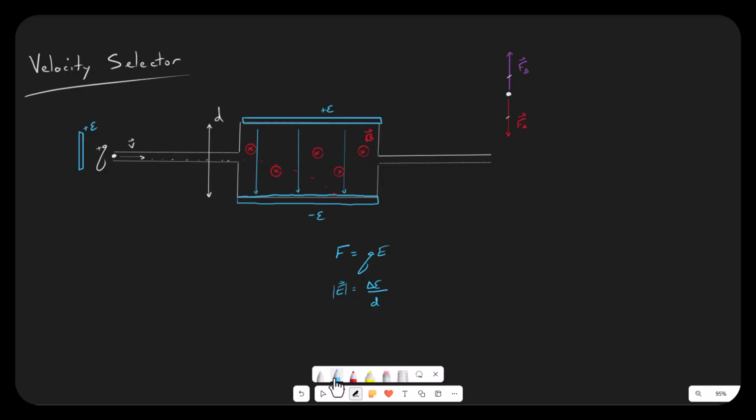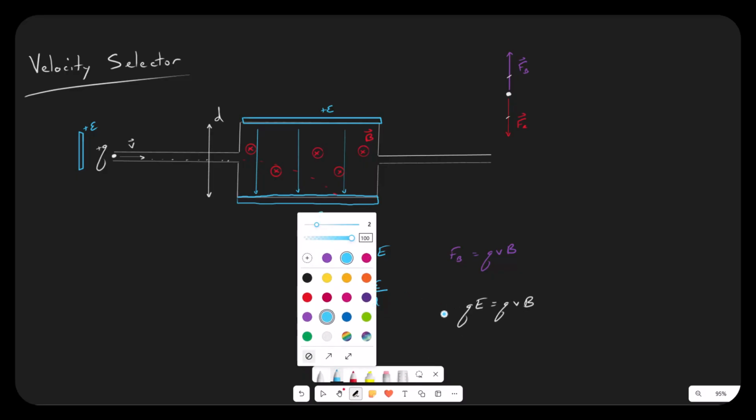The magnetic force is going to be QvB. I can get these two to cancel out when I can say that Q times the electric field equals Q times the speed times the B field. The Q part of this cancels, so that's nice.